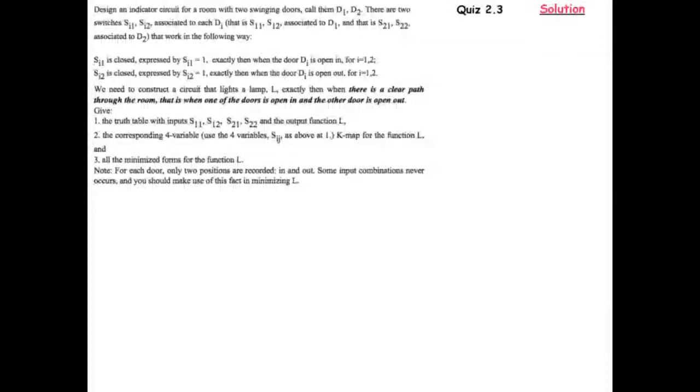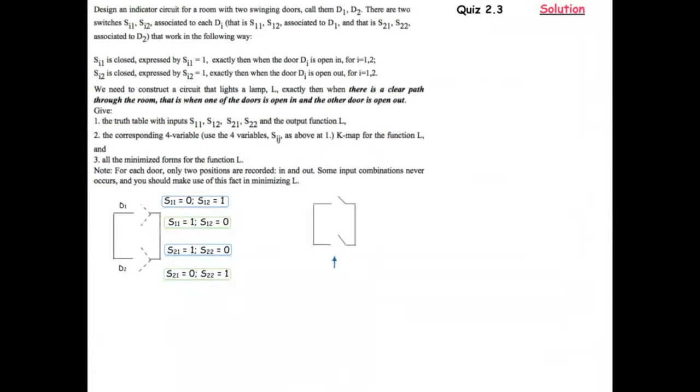As you'll see, or you probably already saw, the problem is sort of artificially weird in order to create all of these don't care conditions that we'll see in a second. We have 4 switches, or 2 pairs of switches, and each pair must be complement of each other in order for it to represent a valid state.